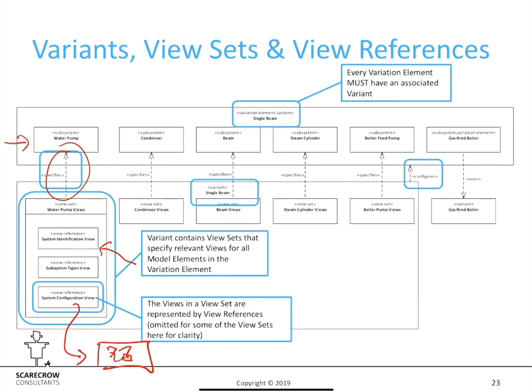The reason we do this is that this variant and the view sets and the references, this is how we can then extract information from the model.